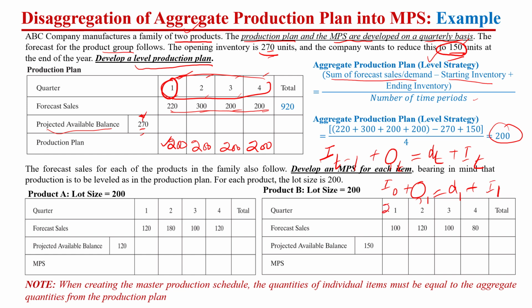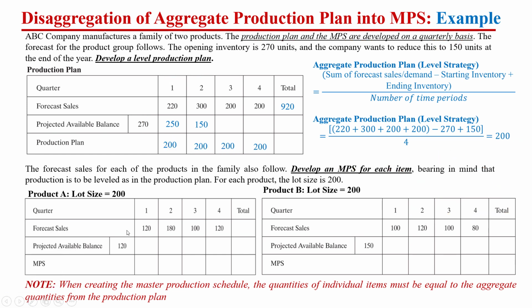So the initial inventory is 270 plus the Q1 is 200, the demand is 220 plus I1. So you can solve this one and we will get I1, which is 250. Okay. So once you solve it, you will be able to get this one, right?